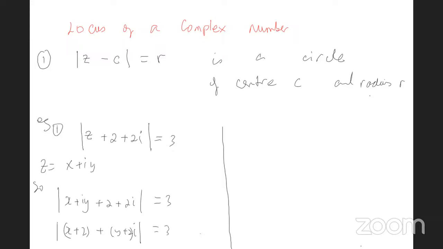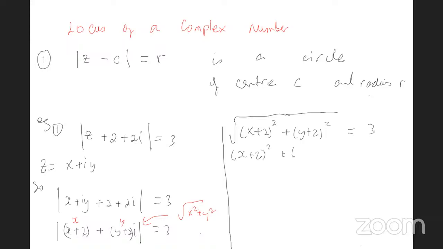Modulus is the square root of x squared plus y squared, where x is the real part and y is the imaginary part. So now we have the square root of x plus 2 squared plus y plus 2 squared is equal to 3. Square both sides, and you'll get x plus 2 squared plus y plus 2 squared is equal to 3 squared.